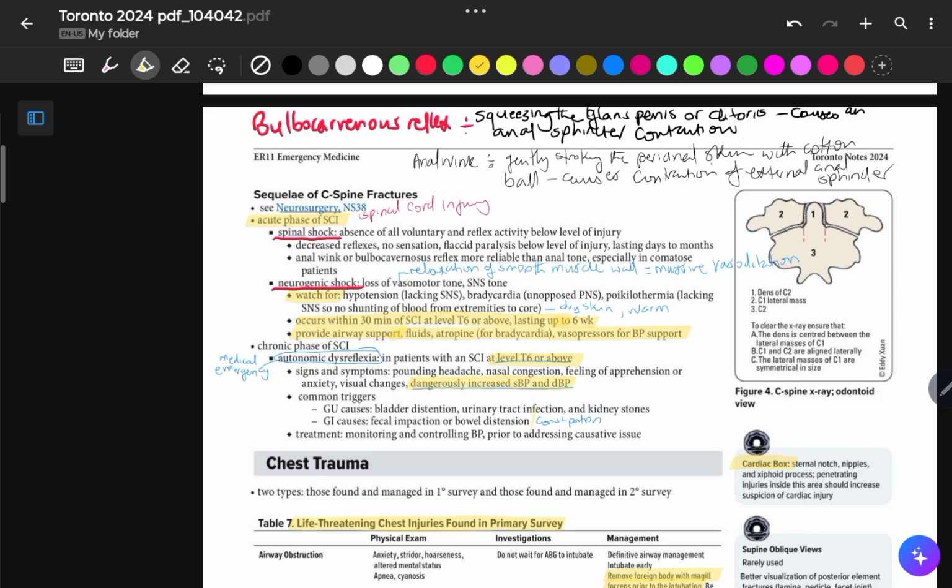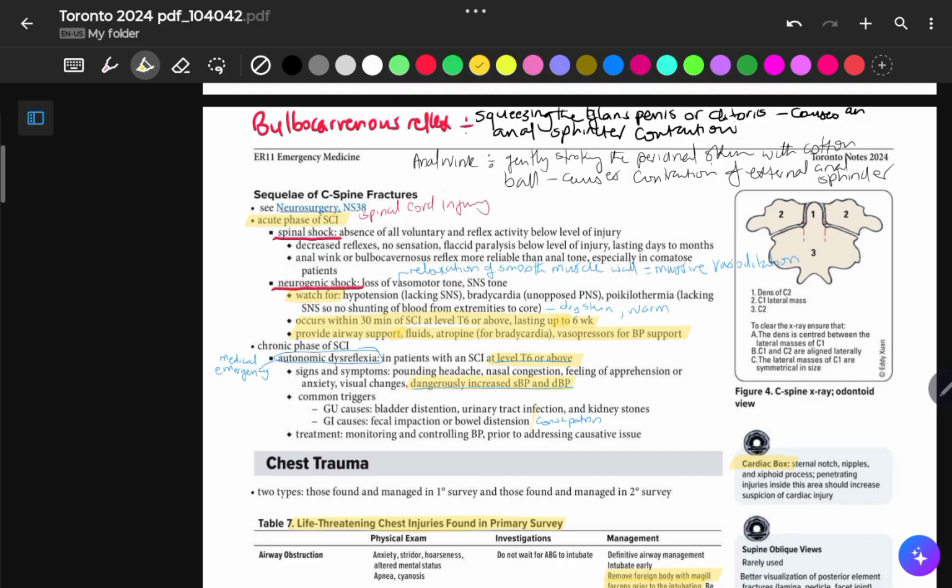Okay, so central nervous system tone is gone, right? So what is this patient going to be like? There's no vasoconstriction, so basically there will be no proper contractions of your heart, and so on and so forth. So what are you looking at? Patient would then present with hypotension because they're lacking central nervous system tone. And then they're going to present with bradycardia because there's unopposed parasympathetic nervous system.